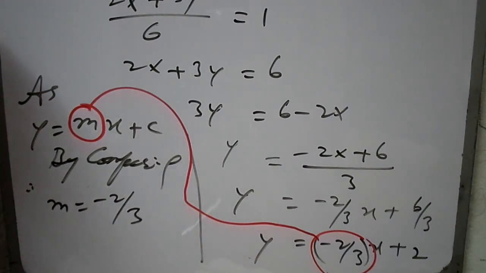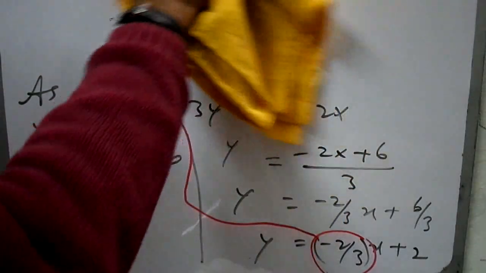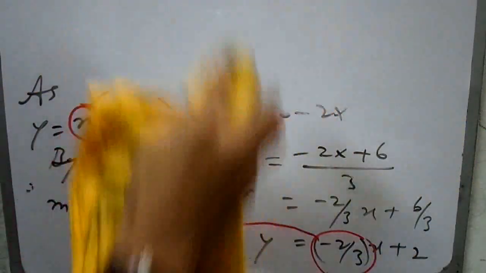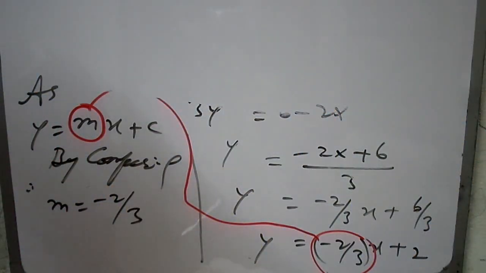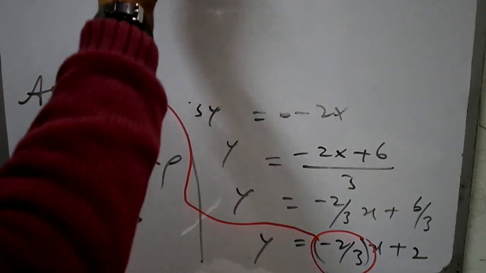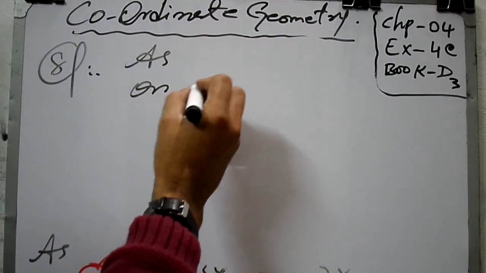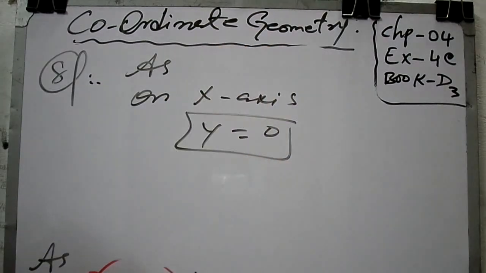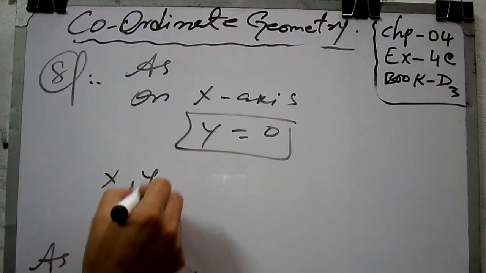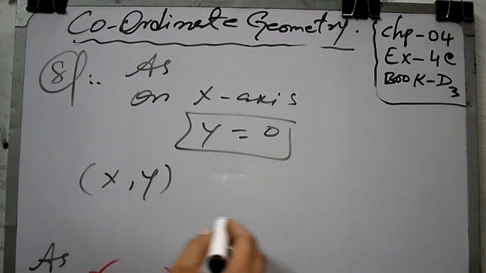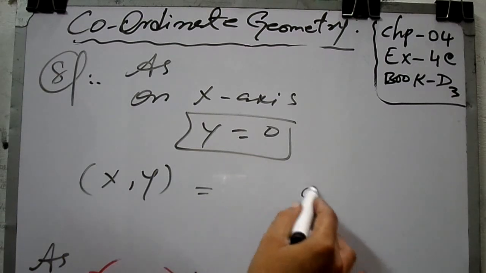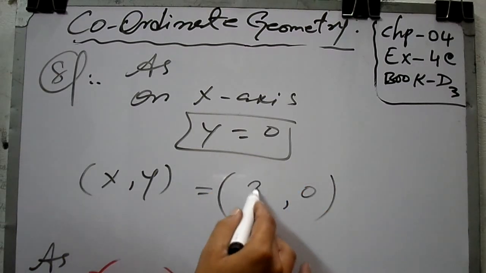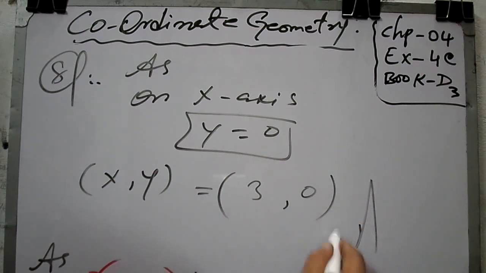Similarly, we have to find the coordinates, that is x and y. You know that on the x-axis, y must be 0, it should be noted. So the coordinate of x, y is: y is 0 and x is 3. That is your required result.